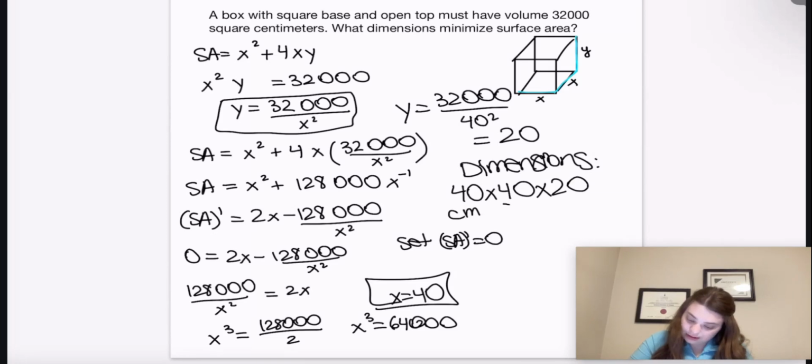And those are all centimeters like that. And the reason I put 40 in there twice is because keep in mind x is the dimension there twice. We have x by x by y because it's an open top box with a square base specifically.